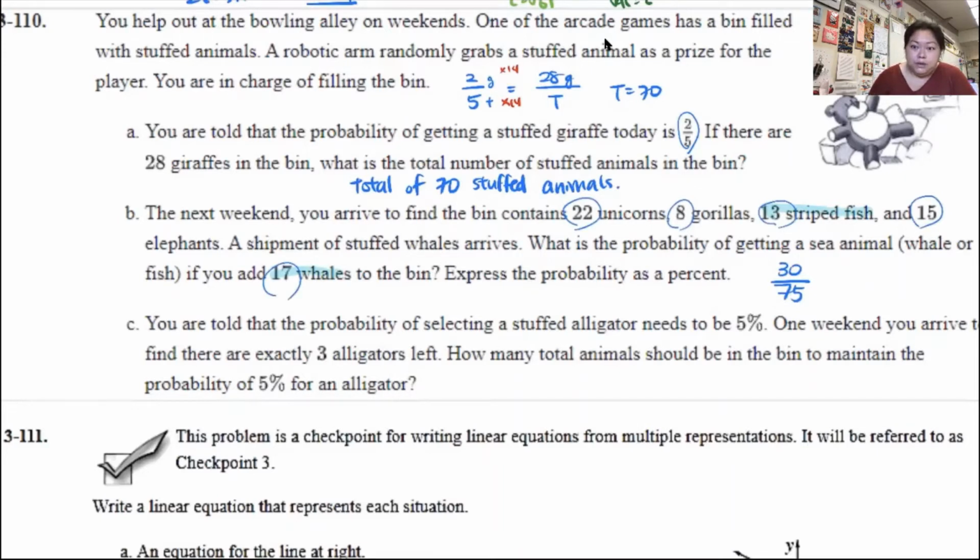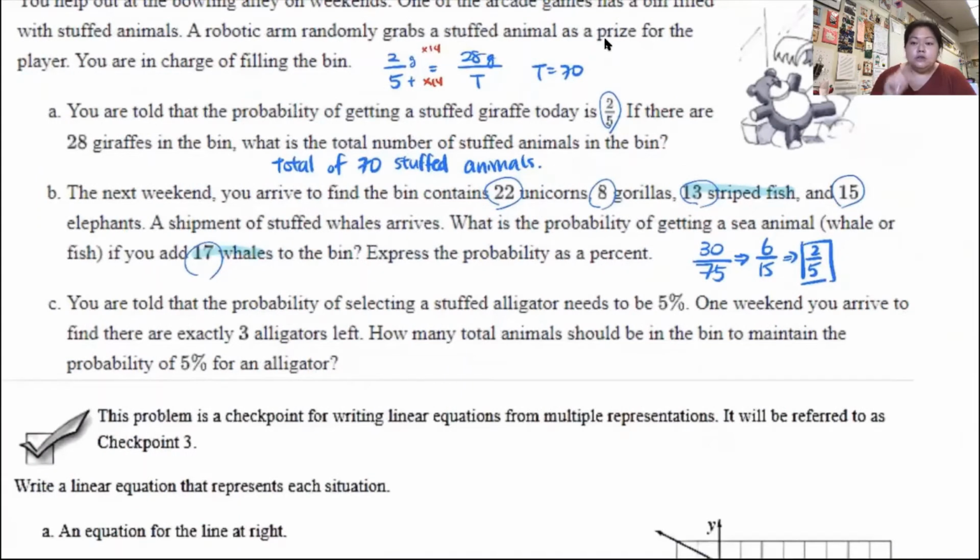This is the probability of getting a sea animal. Apologies, if I reduce by 5, because one's 30 on top and one's 75 on the bottom, I get 6 out of 15, and I notice I can reduce again. So 2/5. If I divide this out on my calculator, 2 divided by 5, I get 0.4. So that's 40%. It's a pretty good chance, almost half, right?